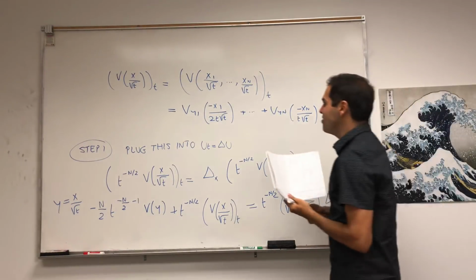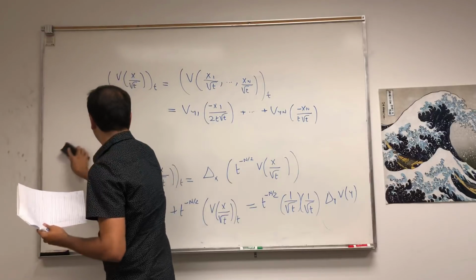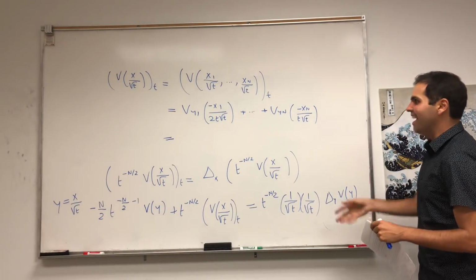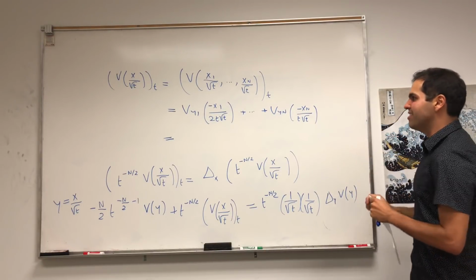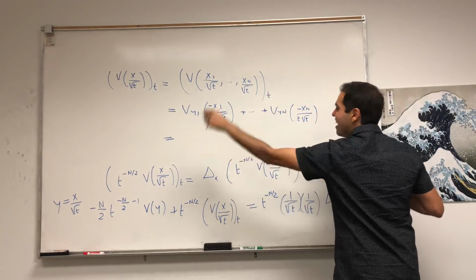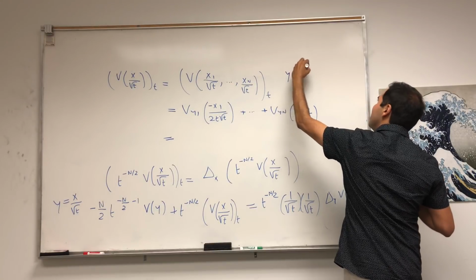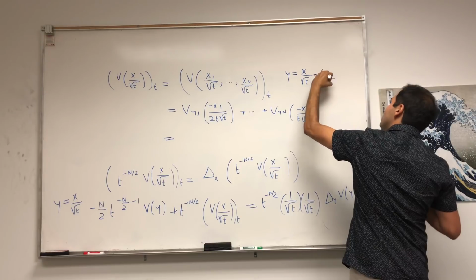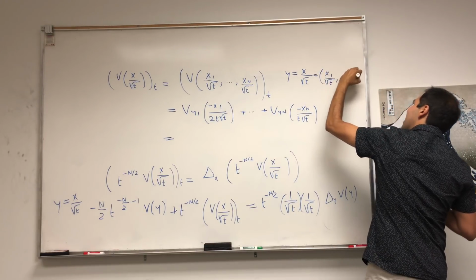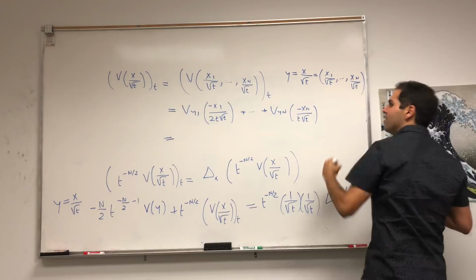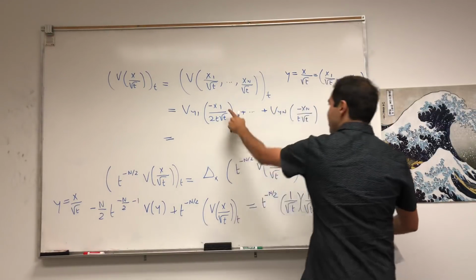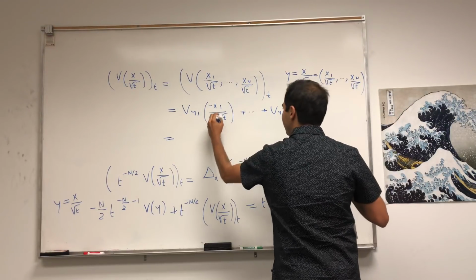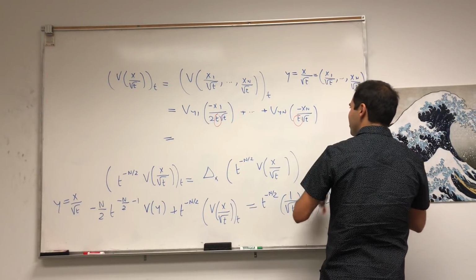Right, and the reason I'm doing this is that we can write this in a nicer form. Notice everything here basically depends on y, and so we just want to write this in terms of y. And again, I like to remind you that y is x over square root of t, so that's x1 over square root of t, dot dot dot xn over square root of t. So this is almost x over square root of t, except with this little factor of t here. That should be a 2 here.